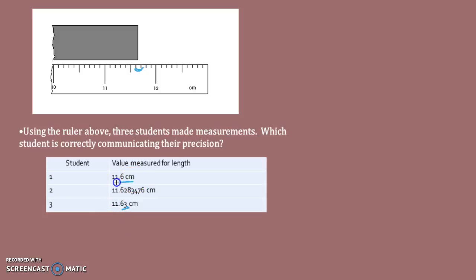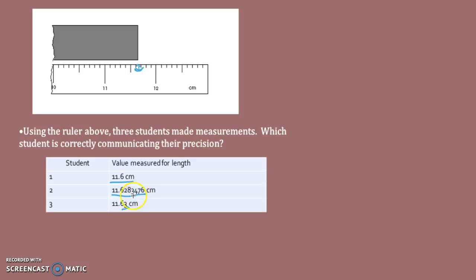This student right here undersold their precision because clearly it's a little bit more than 11.6, and they can see that, so they could probably make an estimate to where it is. And this student right here is overselling their precision, because for this 8 right here, that would mean that there were 10 lines in between that they could read and guess between. And then between those lines there's 10 more, and between those there's 10 more, and between those there's 10 more, and between those there's 10 more.